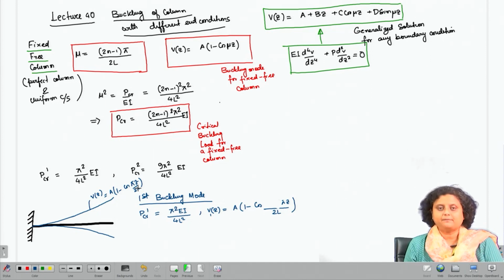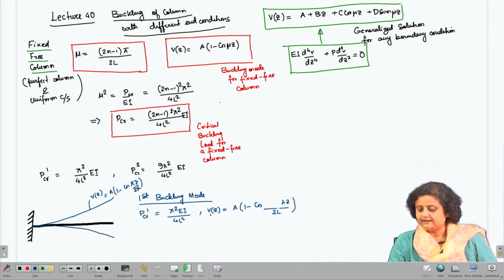The shape of the buckling mode has also changed: in the previous case it was just sin mu z, whereas here it has become 1 minus cos pi z by 2L. When z is equal to 0, this is going to be 0, and when z is equal to L, this is going to be 1.